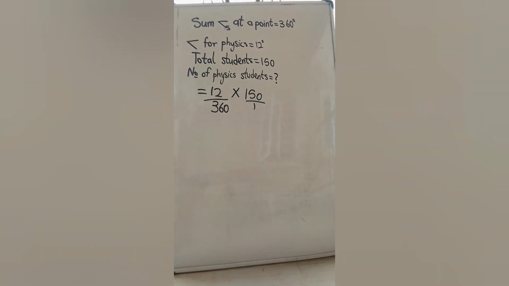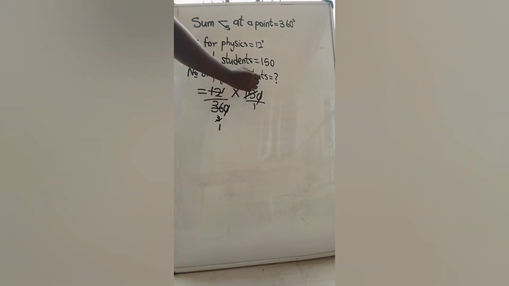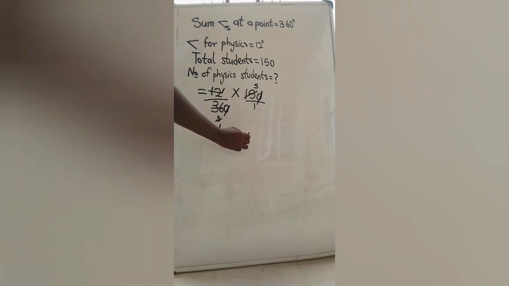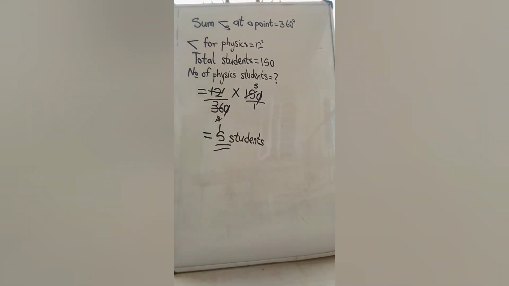So when we multiply these numbers, 0 cancels out 0. 12 here 1, 12 here 3. 3 here 1, 3 here 5. So, 5 students. This means that 5 students are offering physics.